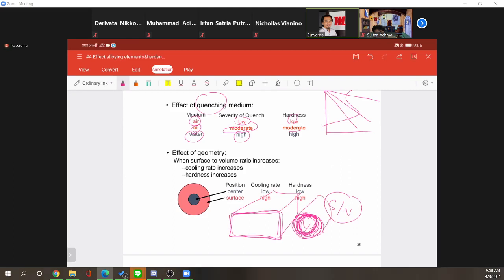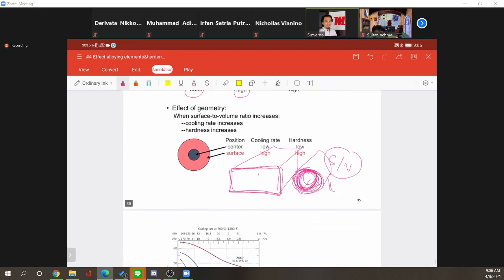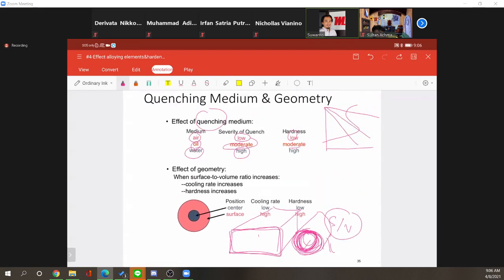If you have a component like a box and a component like a cylinder, it is easier to harden the steel with this geometry rather than this geometry. So it's all about the surface to volume ratio. Surface is very important, because everything starts from the surface, going down to the core of the sample.